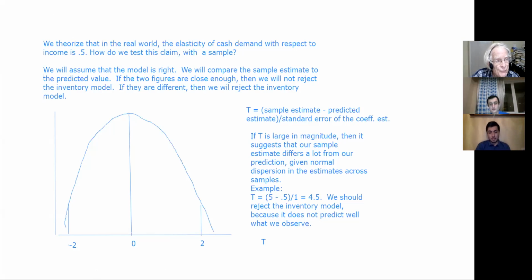So here is the rule of thumb. If t exceeds 2 in absolute value, then reject the model that is represented by our hypothesis, in this case, the inventory model.